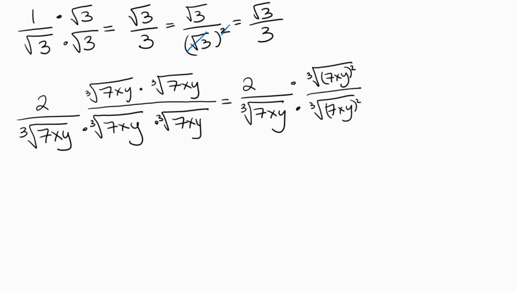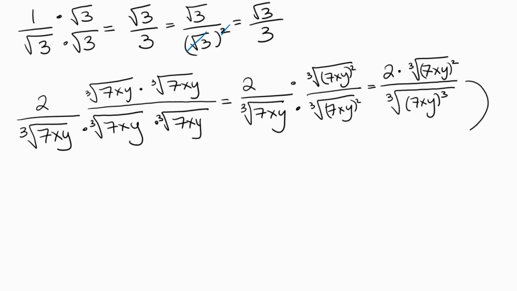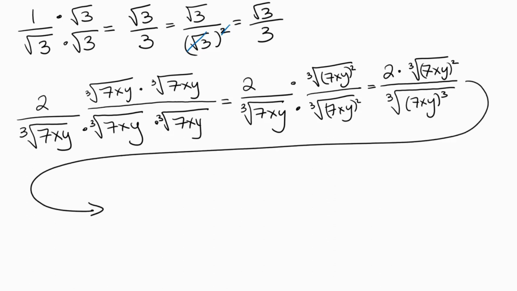So your call. Now, what happens when we do this on the bottom is, notice now we have a cube root of 7xy cubed, right? Because there's 3 of them. On the top, we have 2 times the cube root of 7xy squared.